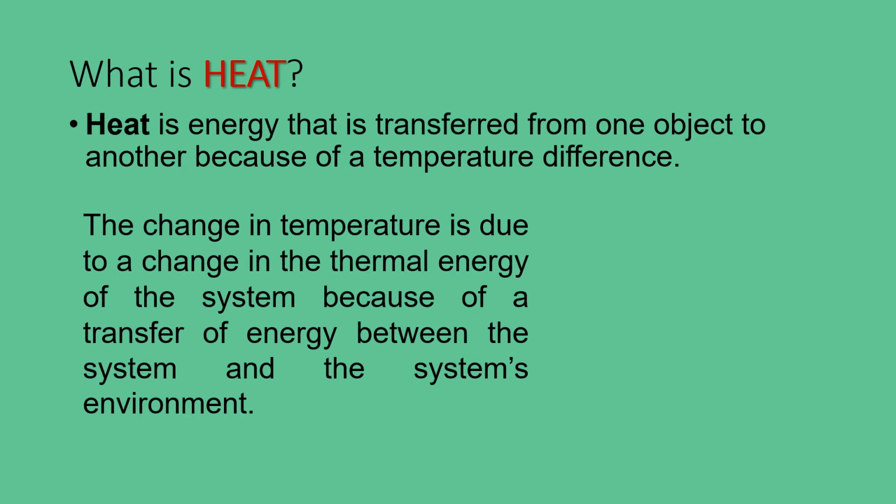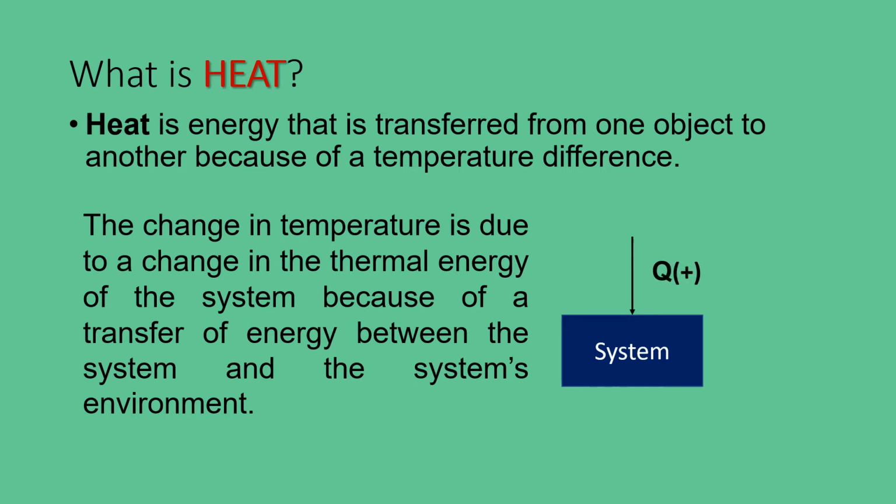The change in temperature is due to a change in the thermal energy of the system because of a transfer of energy between the system and the system's environment. When heat is transferred between two objects, either by conduction, convection, or radiation, they are said to be in thermal contact. When heat is transferred or absorbed by the system, heat is said to be positive.